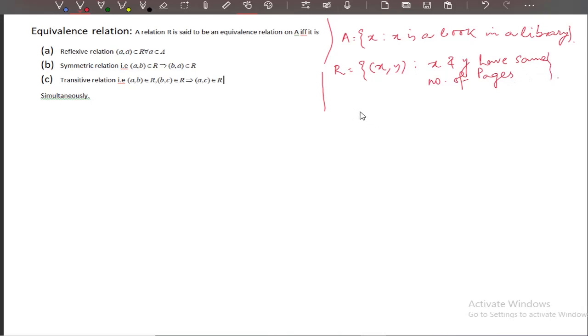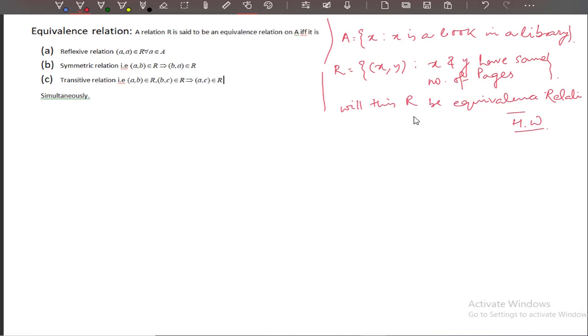What do you think? Will this relation R be an equivalence relation? Take this as your homework.